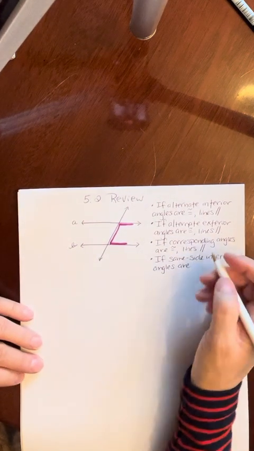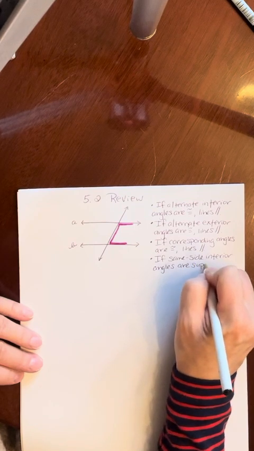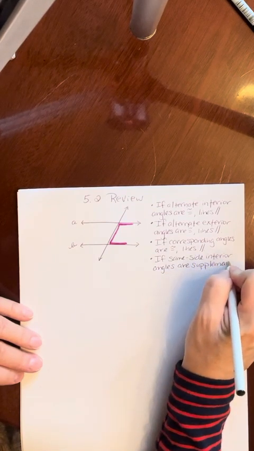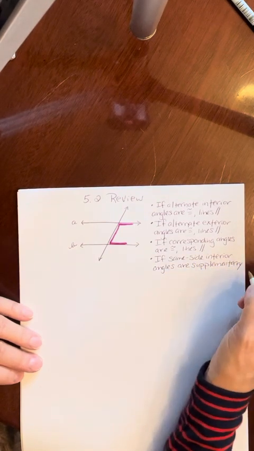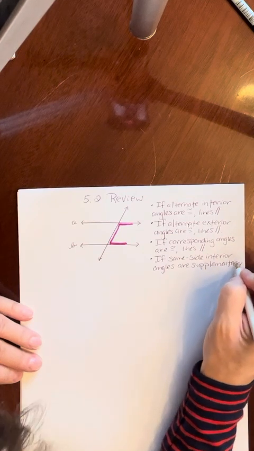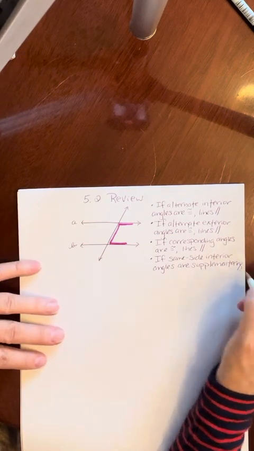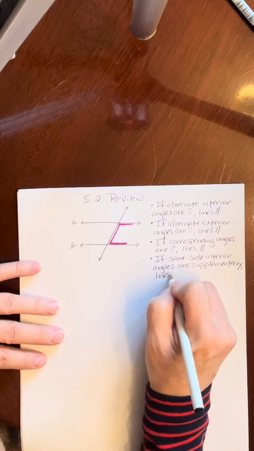So if the same side interior angles are supplementary, that's supposed to say supplementary, you get it, then the lines are parallel.